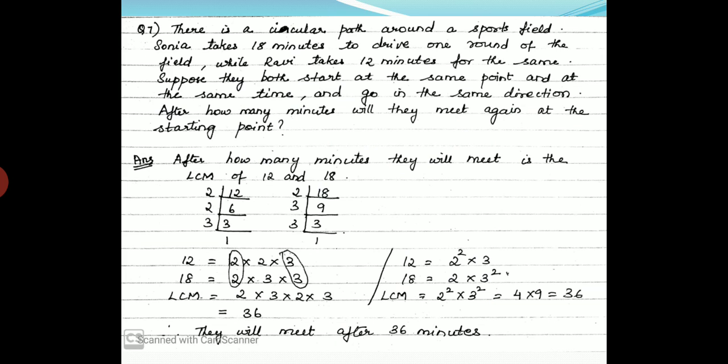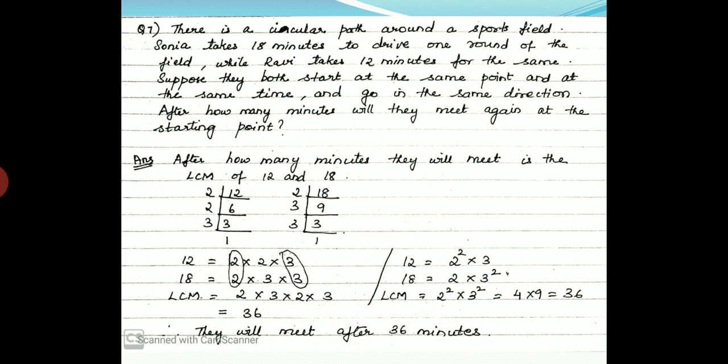So second round he'll take 24 minutes, then third round 36 minutes, fourth round 48 minutes. So for him the times for next rounds will be multiples of 12. So Sonia's time will be in multiples of 18 and Ravi's time will be multiples of 12. So at one point they will meet.